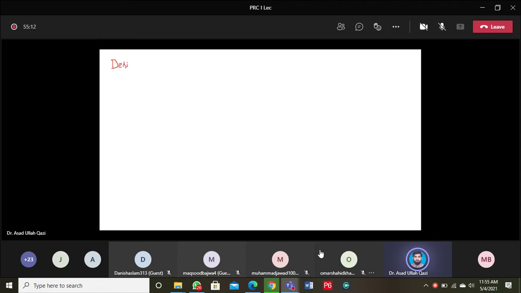Design a beam of span 6 meter, and the beam is simply supported, a single span beam.